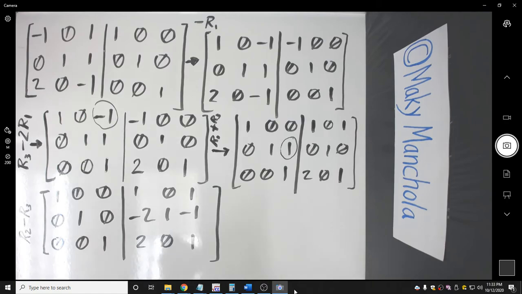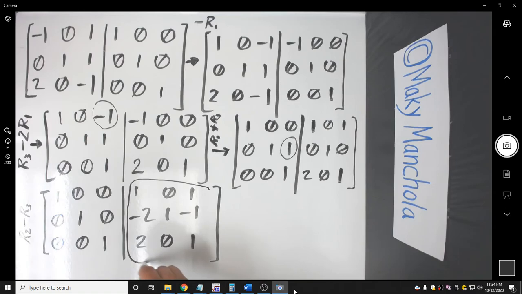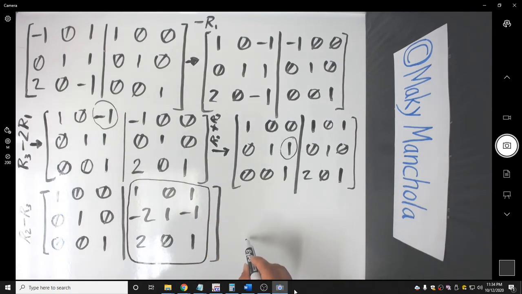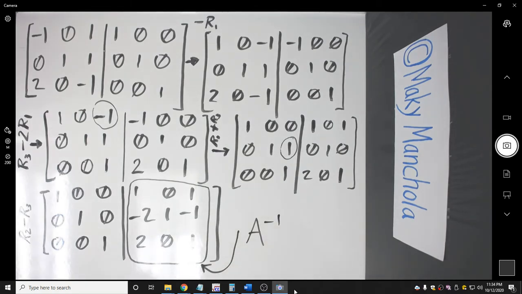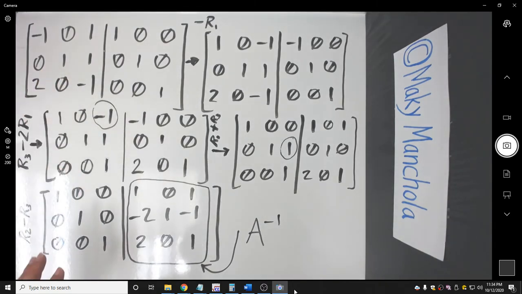But we also obtained something else. We obtained this block right here. That happens to be the inverse of A. That's the method that we are using to find the inverse of A. We begin with the augmented matrix consisting of A on the left block and the identity on the right block.